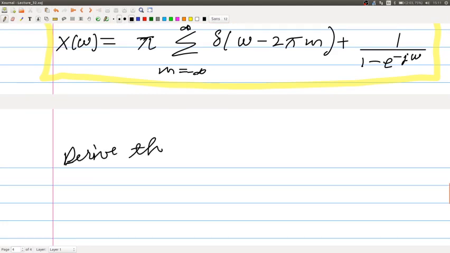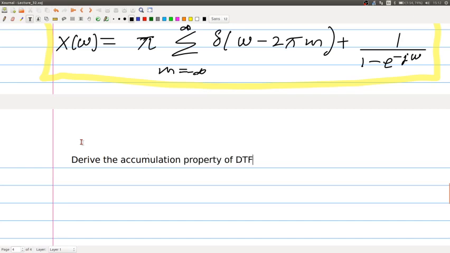Derive the accumulation property of DTFT.